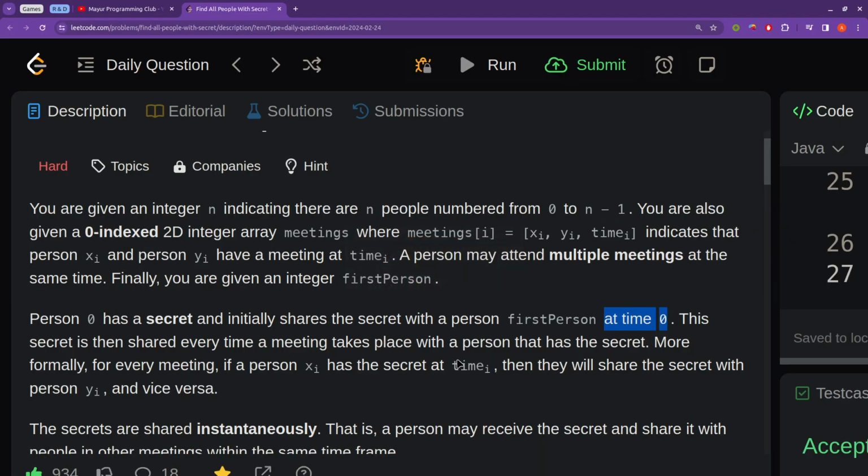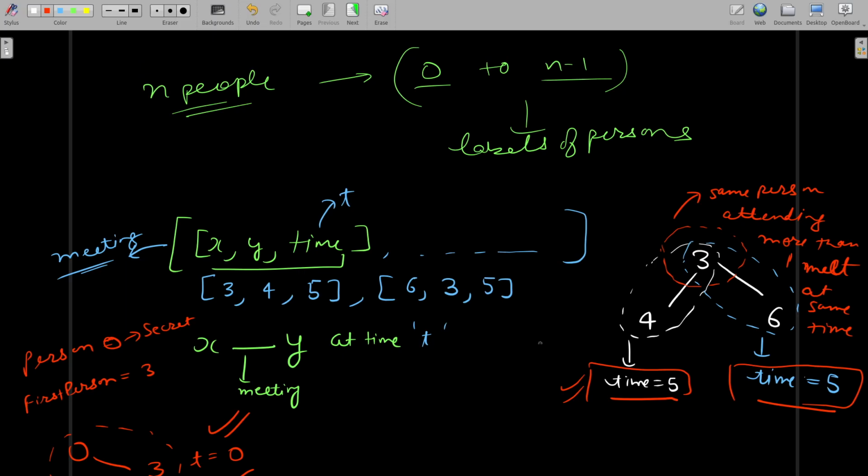Okay, and the secret is shared every time in a meeting with a person that has the secret. Okay, so what happens is, let's say there is a meeting going on, and in that meeting some person is having a secret. Okay, so let's say this person is having a secret and there is a meeting going on.